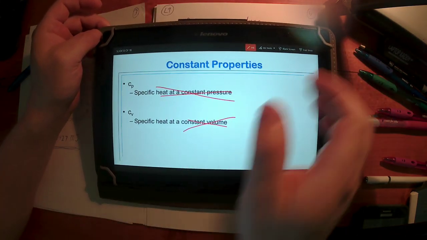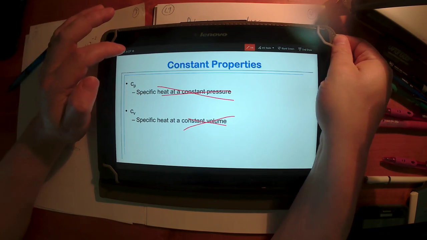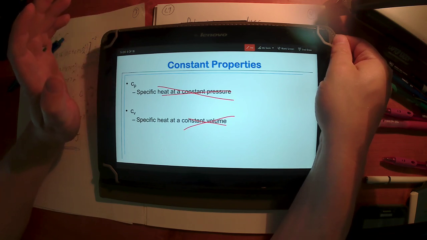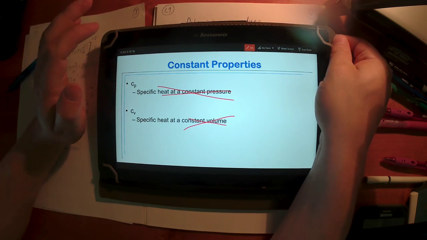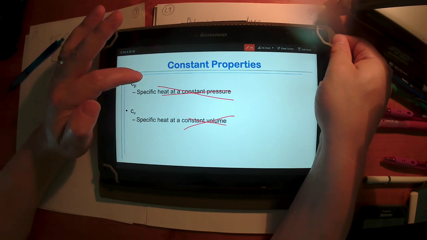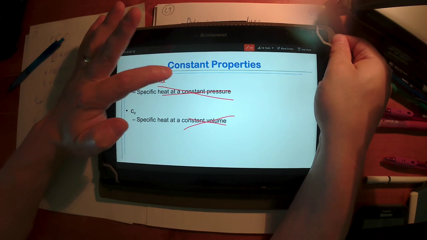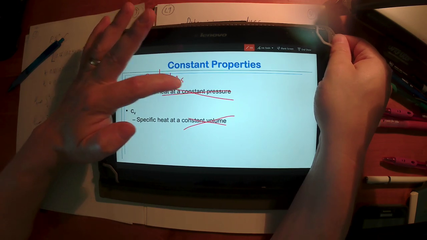In fact, there will be a lot of times we will not have constant pressure or constant volume, and we will use these quantities. That is not a limitation for us because we have a basic understanding of calculus and an advanced understanding of algebra, so we can be a little more straightforward with you.